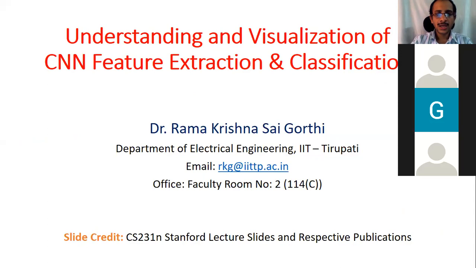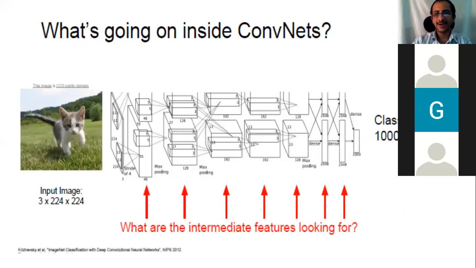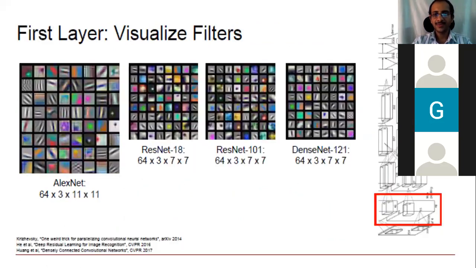Here are some visual descriptions from the slides on understanding convolutional networks. I have taken the help of slides from Professor Fei-Fei Li's team to discuss this better. What we are discussing is what the kernels at each of the layers represent.